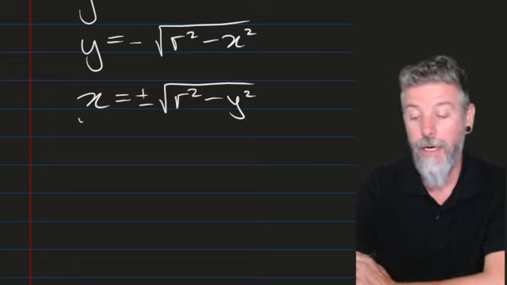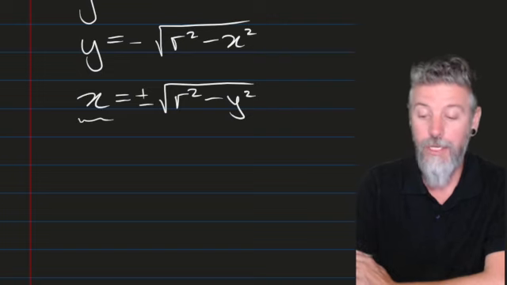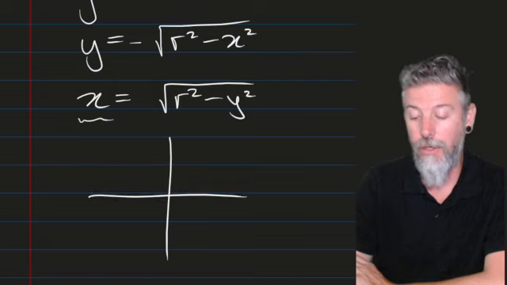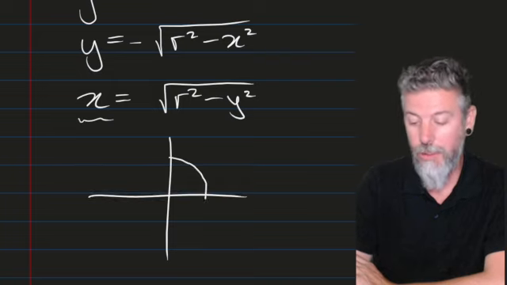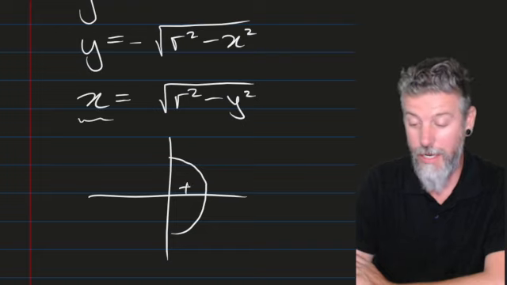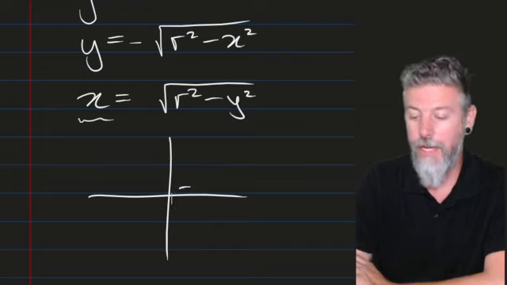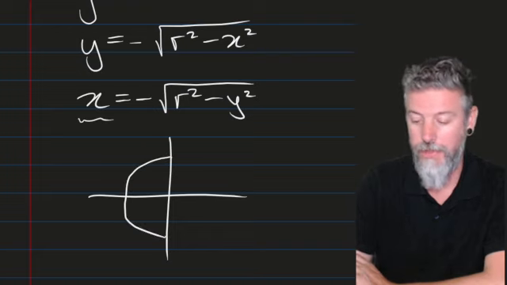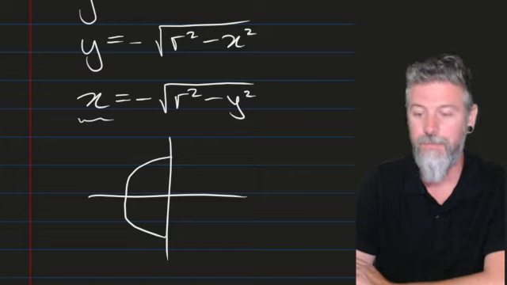We're talking about x values being positive or negative. If the x values are positive, then we must be talking about this part of the semicircle because this is where the x values are positive. And therefore, if we had this negative, we must be talking about this part of the semicircle.